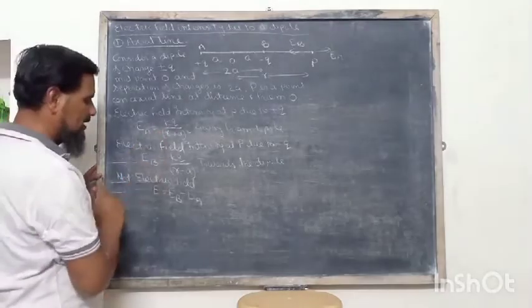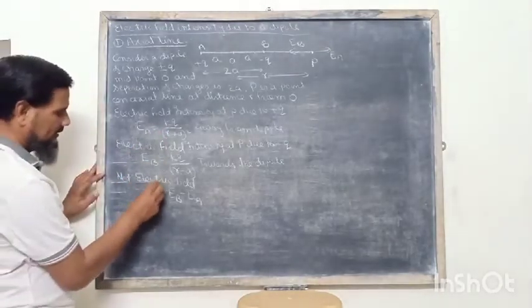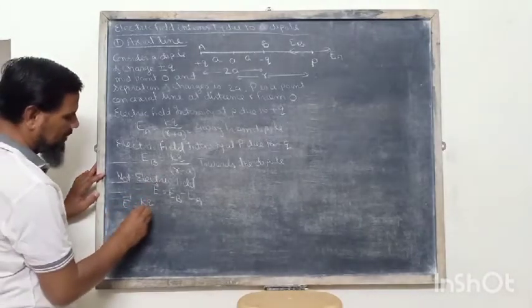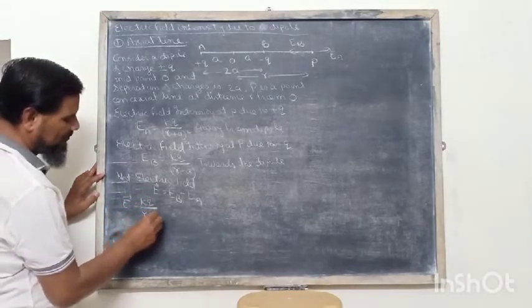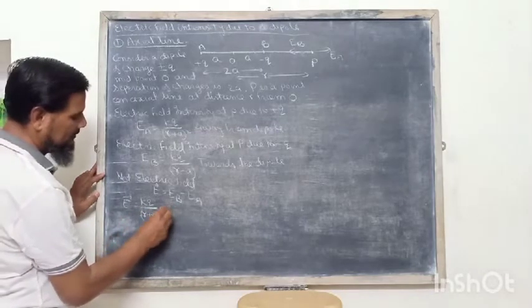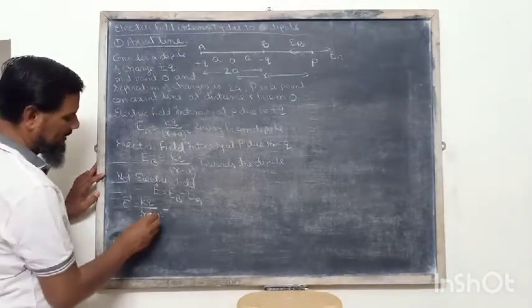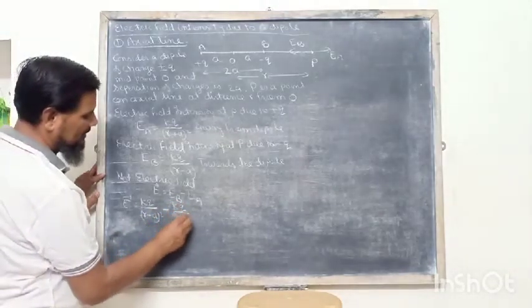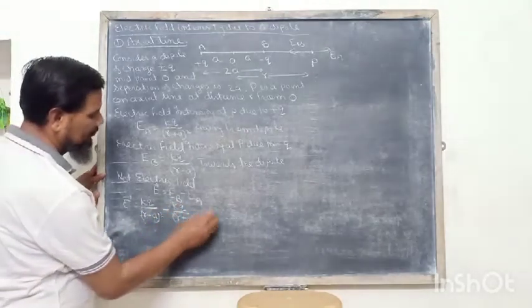E is equal to KQ upon (r minus A) whole square minus KQ upon (r plus A) whole square.